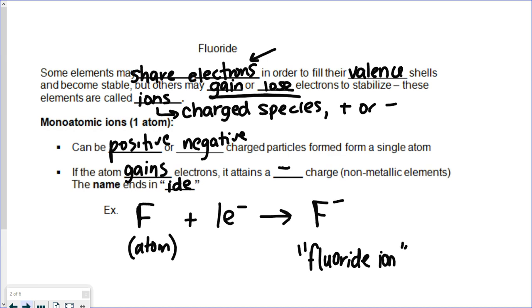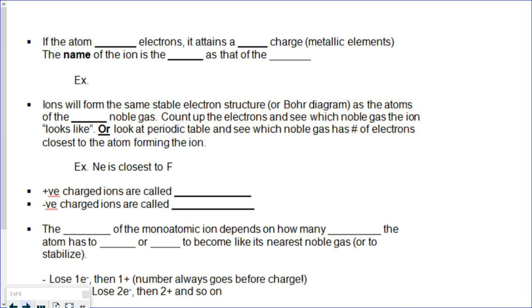Again, that name is on your periodic table, so you don't need to worry about memorizing that, but you need to know what that's talking about. So that's gaining electrons, but if we look the other way, if the atom loses electrons, it attains a positive charge.